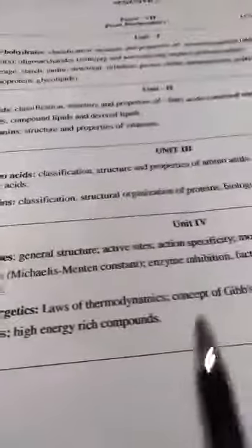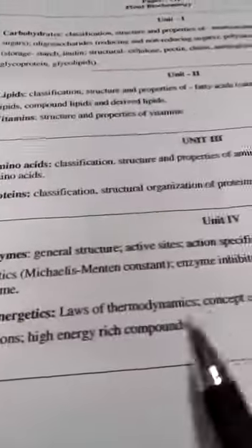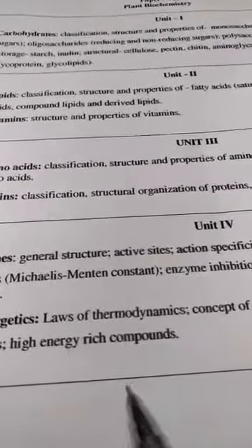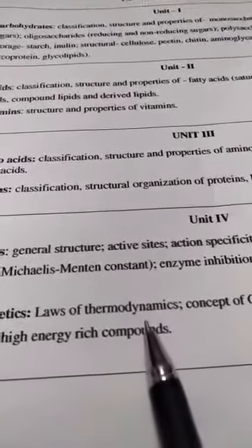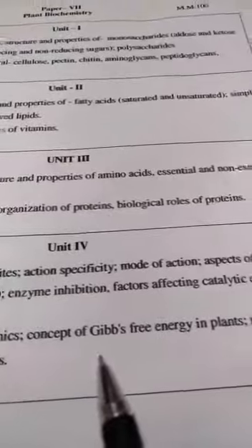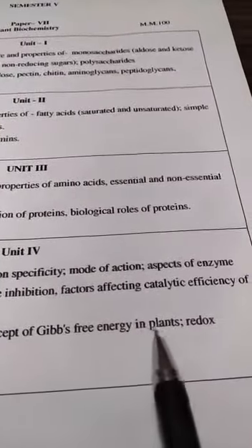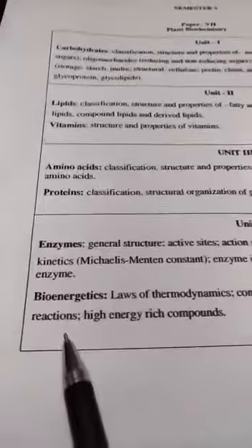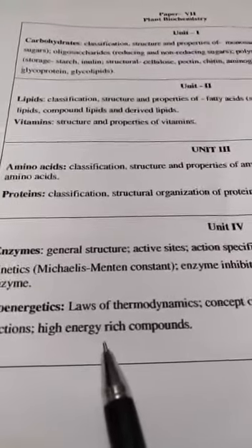The last topic of Unit 4 is bioenergetics. In bioenergetics, you have to study the laws of thermodynamics, concept of Gibbs free energy in plants, redox reaction, and high energy rich compounds.